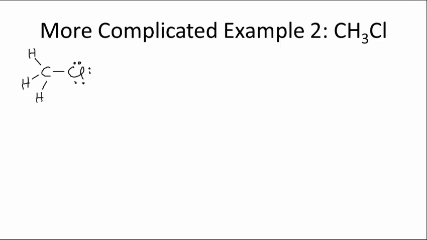This molecule has two things going on that the prior examples didn't. Number one, it has an atom with a much different electronegativity. And number two, it has lone pairs.